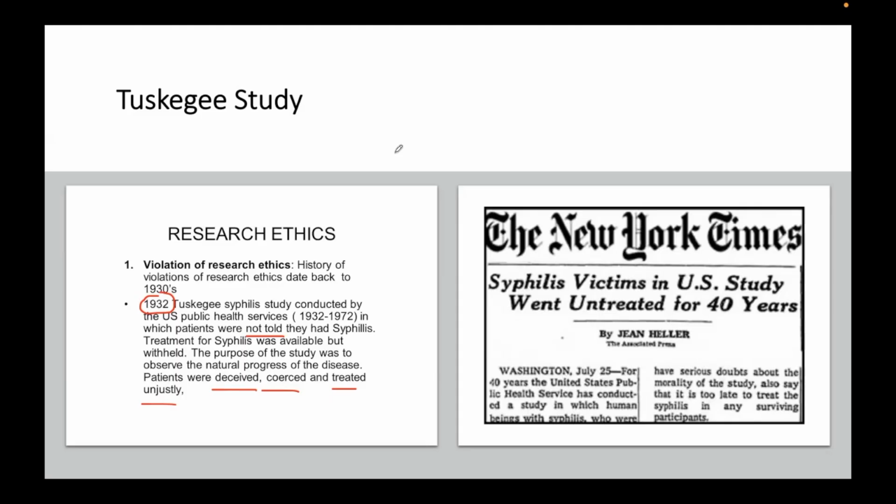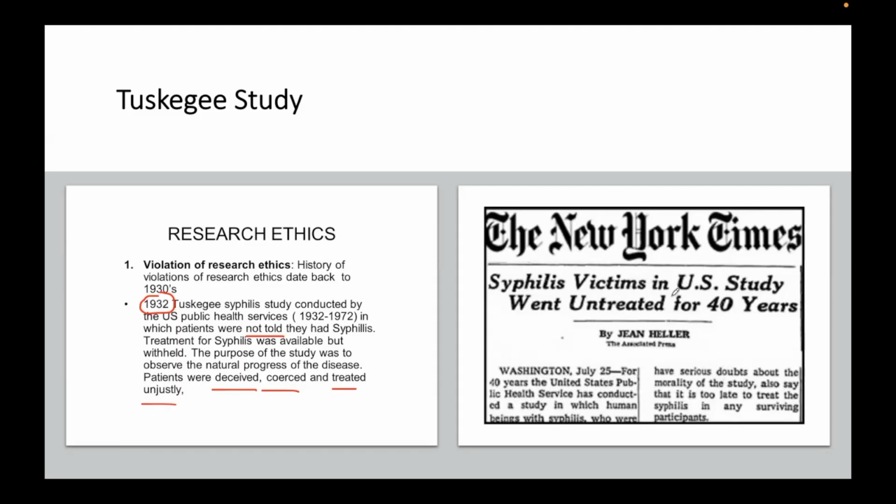So this is what I want you to understand. You will not appreciate where we are today with research ethics unless you understand the historical milestones. So from Hippocrates to the Nuremberg Code. And here comes a violation of research ethics with the Tuskegee study. Now look at this headline.